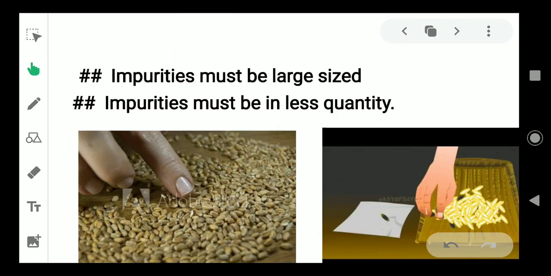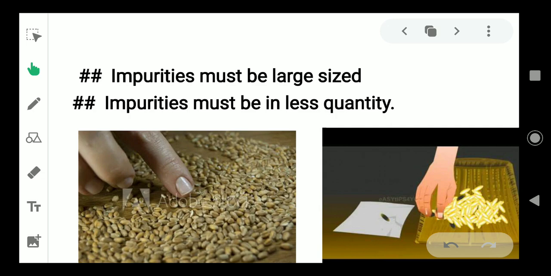In hand picking, 2 important specialities must be there. First, impurities must be of a little bit large size. They should be visible to our eye so that we can easily take them and keep them out. Second, impurities must be in less quantity. If the number of impurities is more, we cannot use this method.